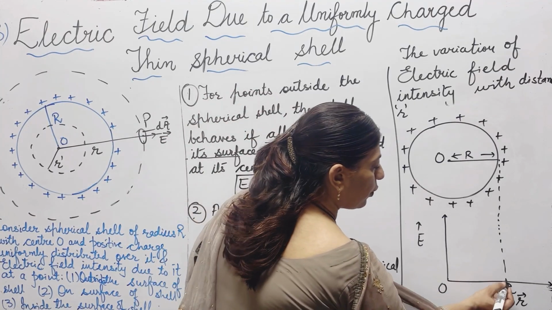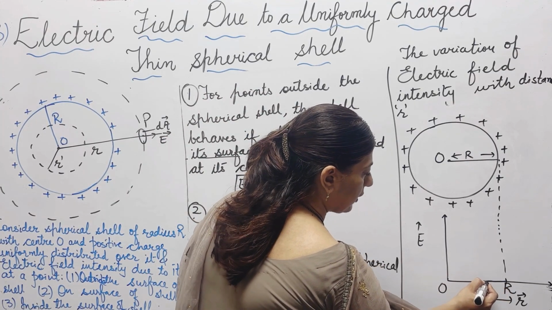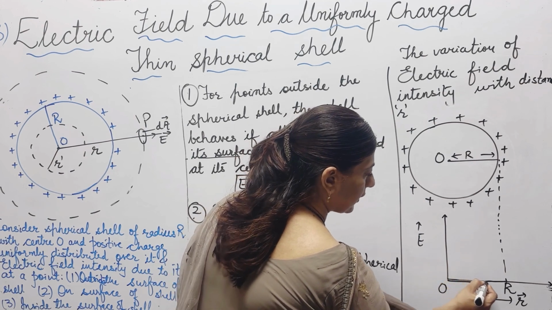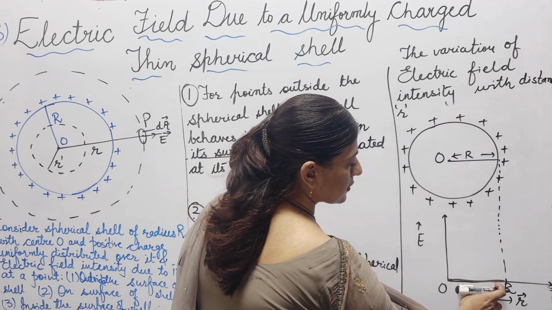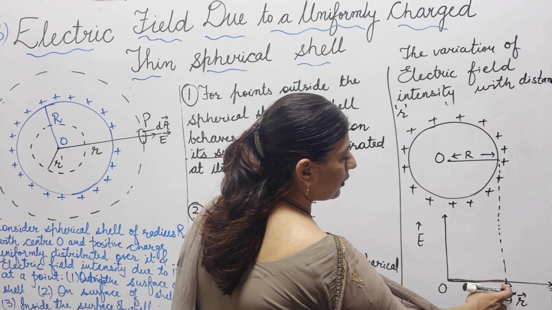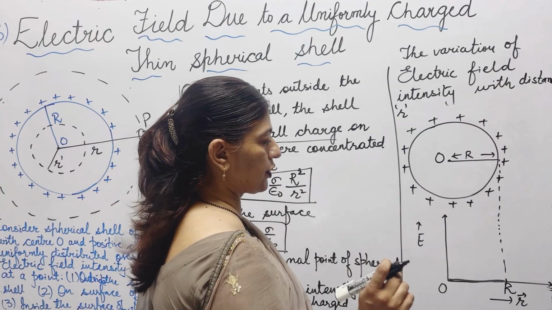So below R, the value of small r will give the electric field intensity as 0. So this is the plotting of this curve for distance less than the radius of the spherical shell.